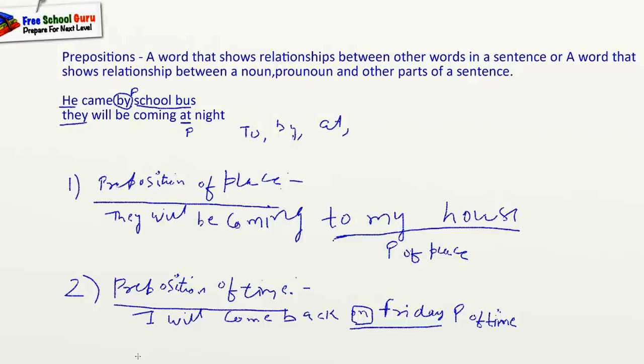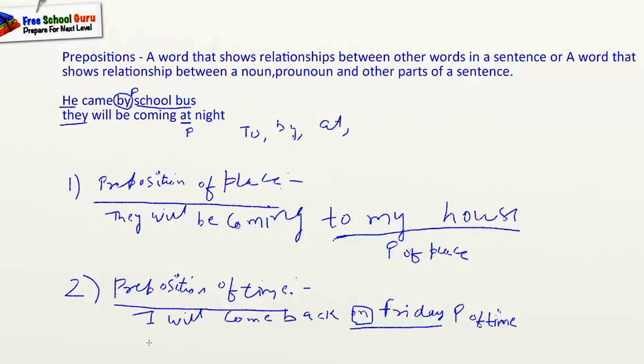I will be coming for a day. I will go to school at 8 a.m. So at 8 a.m. becomes your preposition of time. Okay. You can also say that my father will be arriving on January 5th. So on January 5th becomes your preposition of time.